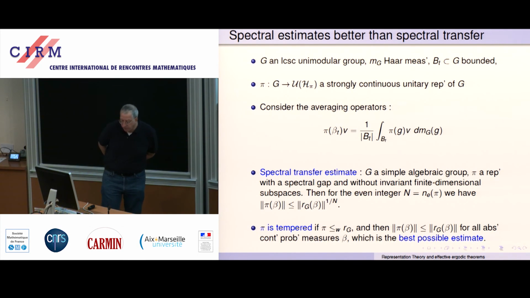Pi is tempered if pi is weakly contained in the regular representation, and then the norm of pi(beta) is less than or equal to the norm of the convolution operator for all absolutely continuous probability measures beta, and that is therefore the best possible estimate. There's no roots anymore. So tempered representations have the best possible spectral estimate.